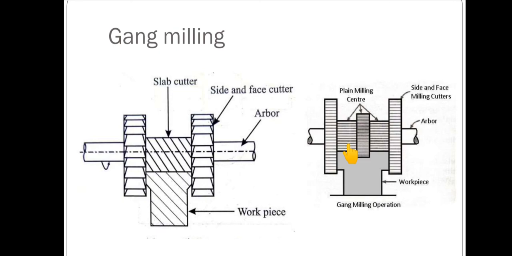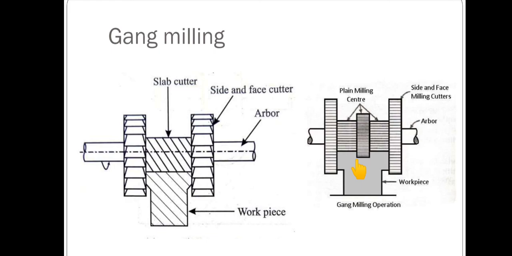During a single run we can perform various operations, like you can see in this diagram. One is the side cutting operation. Here it is planing or flattening the surface. Here you can see a rectangular slot is produced. So this is called gang milling.